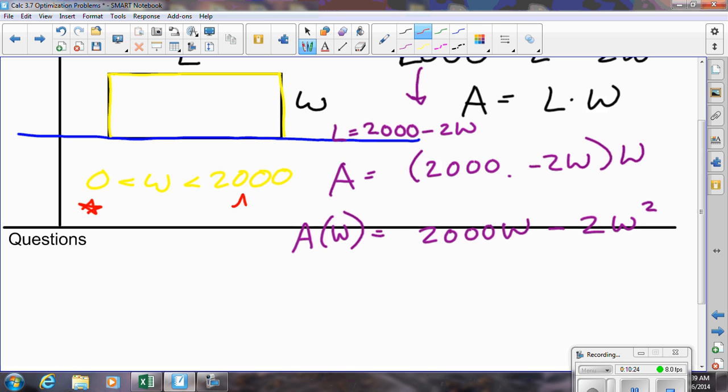The endpoints are possible answers, but so are critical values. Critical values are going to occur when your derivative equals 0, or if the derivative does not exist. Well, since this is a polynomial, we know the derivative will exist.